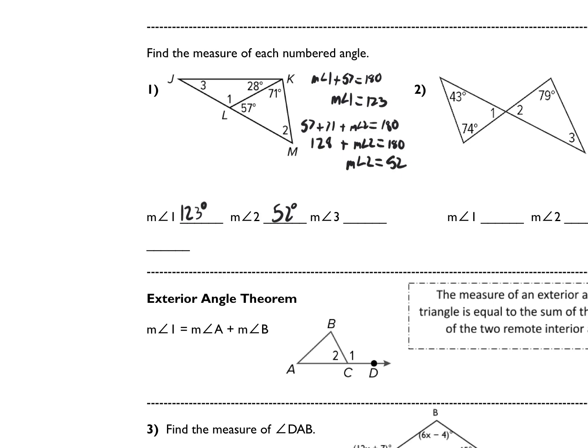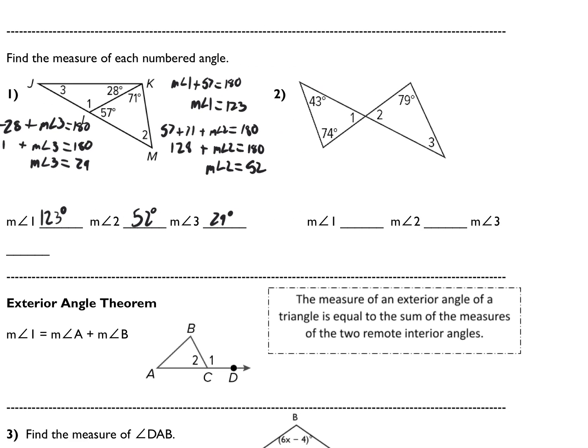So we would do the measure of angle 1, which is 123, plus that 28 degrees, plus measure of angle 3 equals 180. 123 plus 28 is 151. And so if we subtract 151 off of both sides, we get 29 degrees. All right, so that is how we are going to do this.